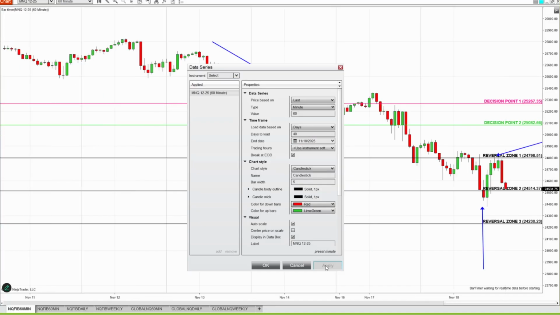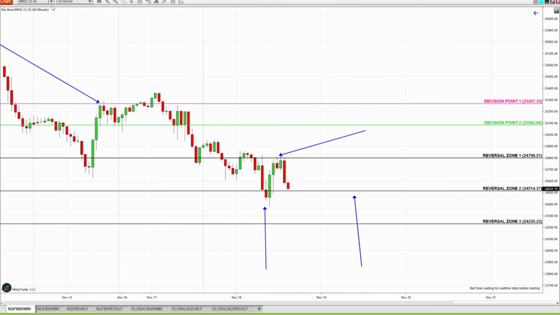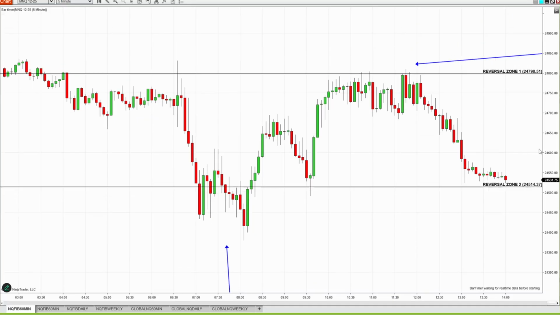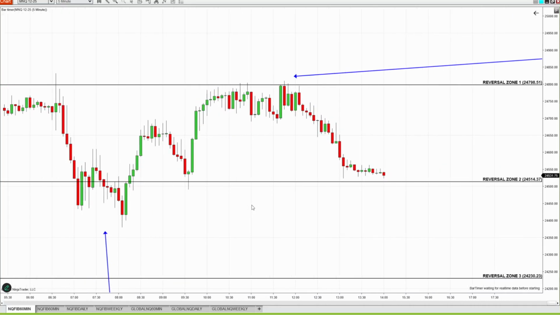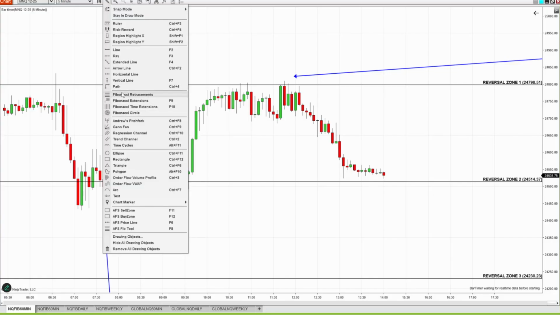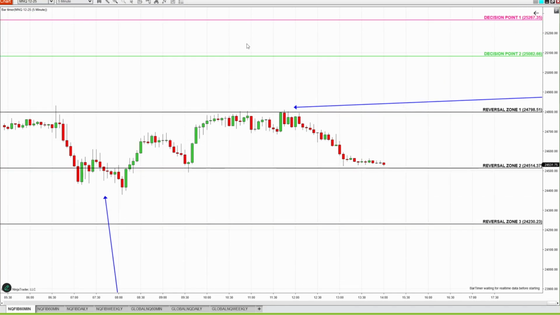If I convert this chart to 5, 10, 15, any chart you choose to trade, you see the power of the system without any software, only the Fibonacci retracement tool and only proprietary levels and strategies applied. So what are we dealing with this morning?